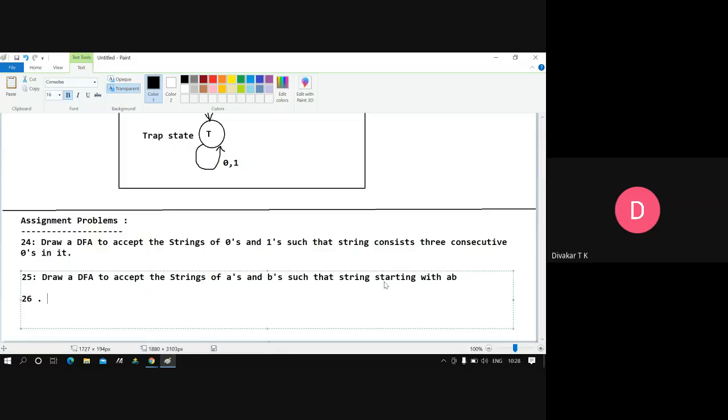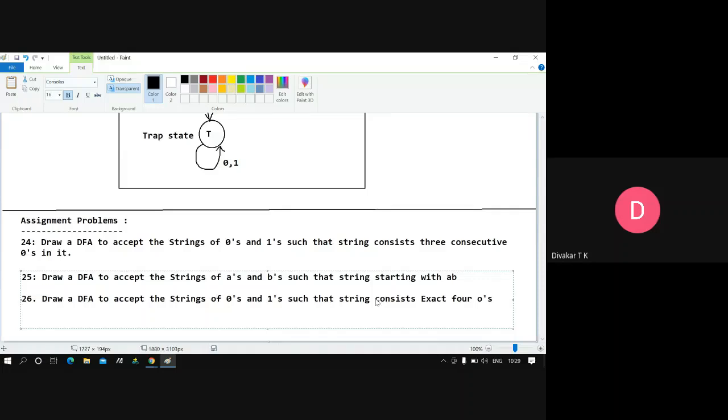Next, the 26th question. I'll paste this one. Draw a DFA diagram to accept the strings of zeros and ones such that the string consists of exactly 4 zeros.